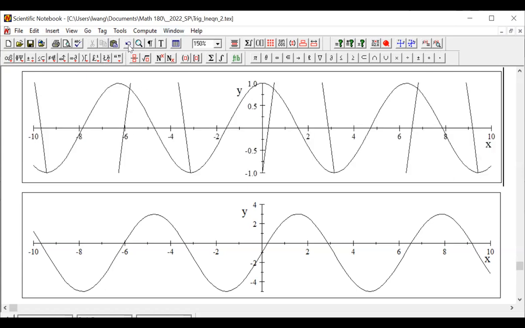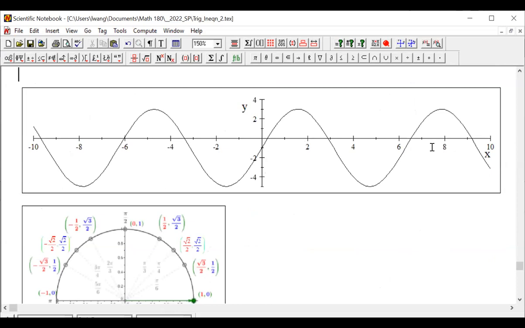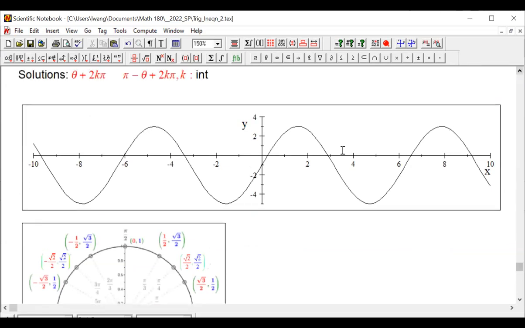Oh, wait. How did I get that? Huh, I don't know. Okay, this piece is 4 times sine x minus 1. So we're going to bring back the cosine later.